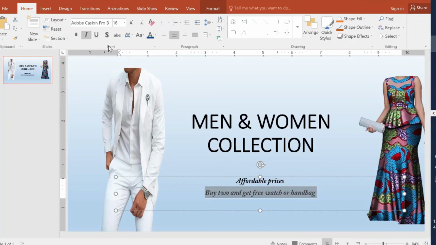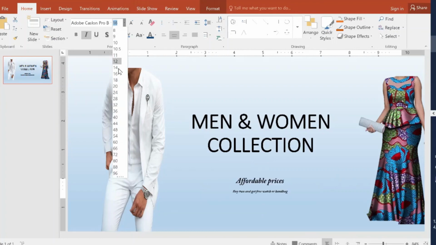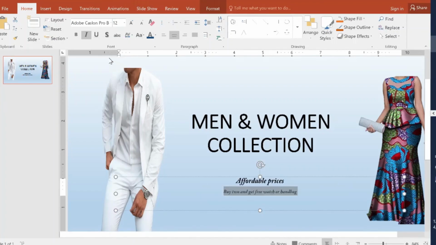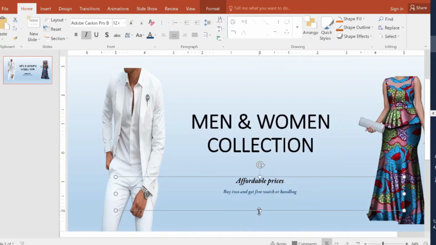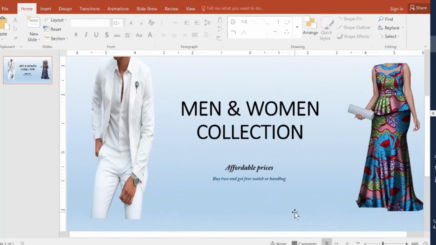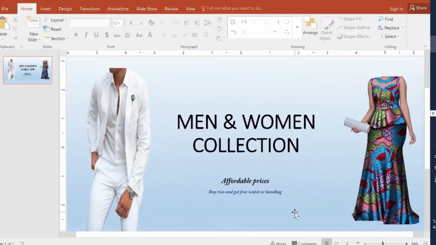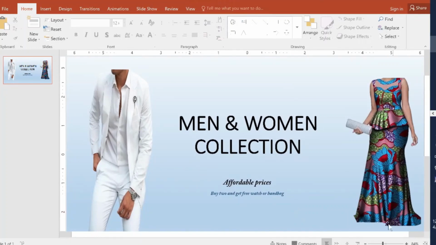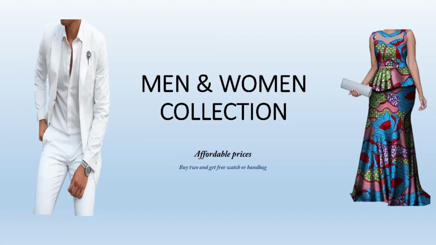Change this font to much smaller, and we can change the color. There we go. So we are done with our presentation. How does it look? It looks amazing. So let's see how our presentation will look. There we go. Wow.